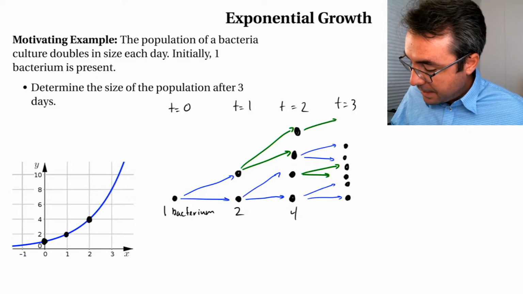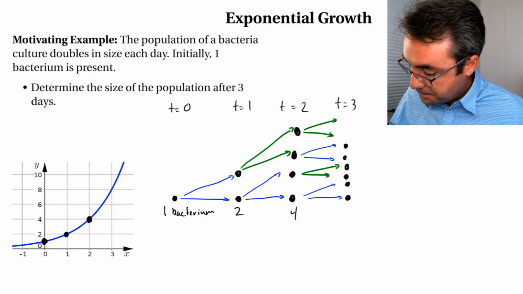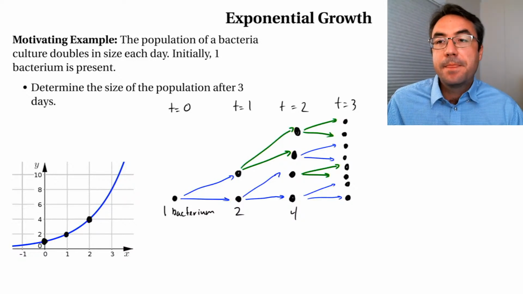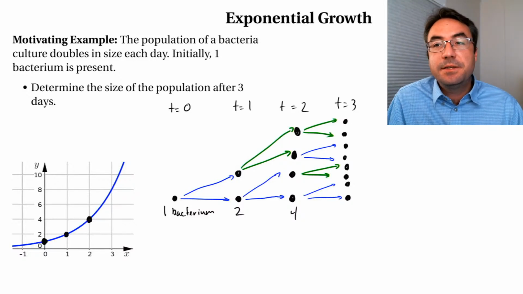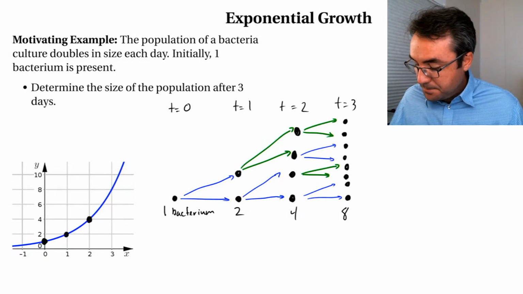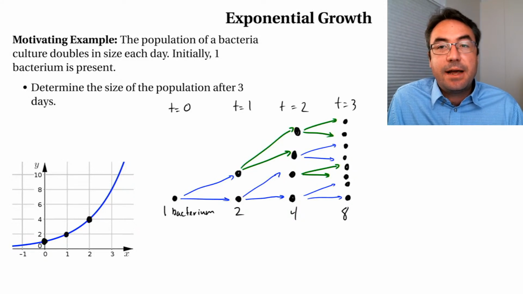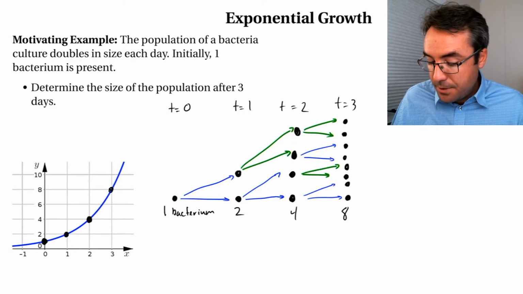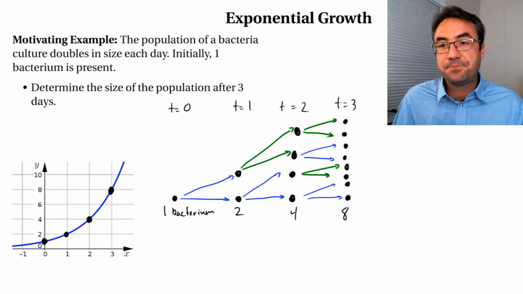And then finally that last one splits. So if we count them up, how many bacteria are present on day 3? Well, there's 8 of them. So let's plot that on our graph. After day 3, there are 8 bacteria present.